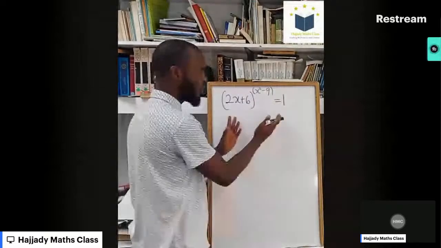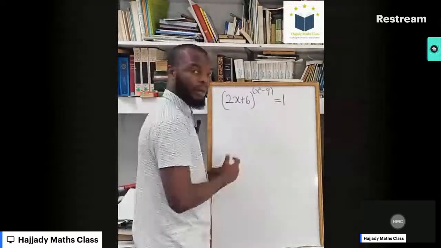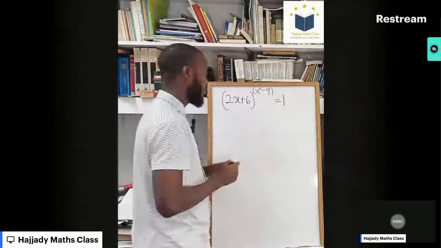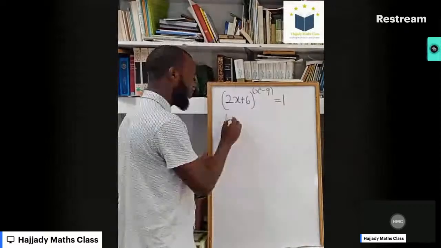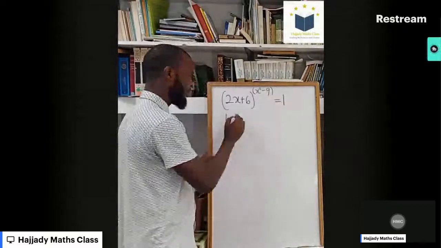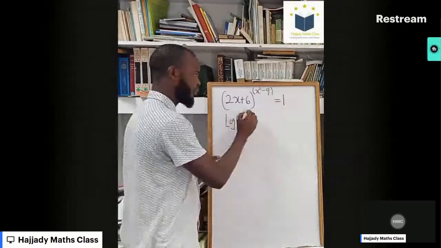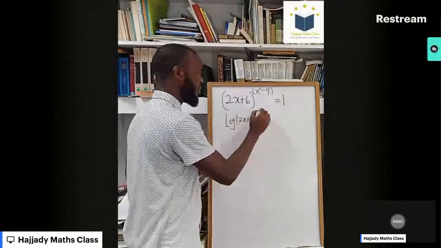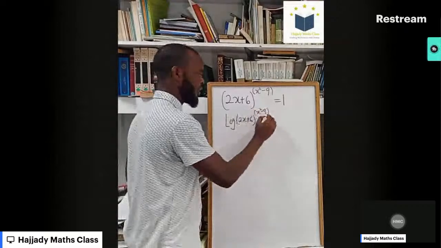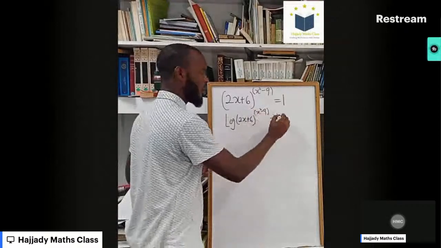Now, first to do this, the first thing you need to do is to apply logarithm. So applying logarithm to this, we have log in base 10, 2x plus 6 to the power of x squared minus 9 equal log 1.